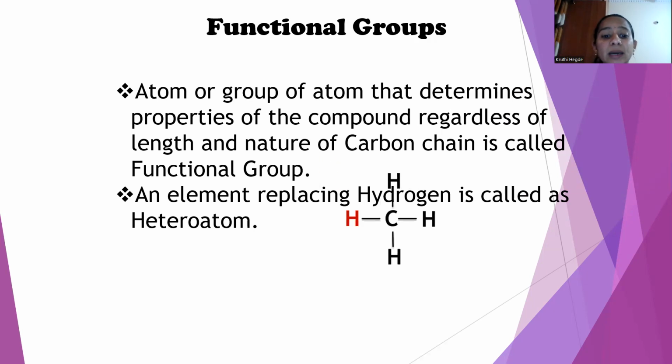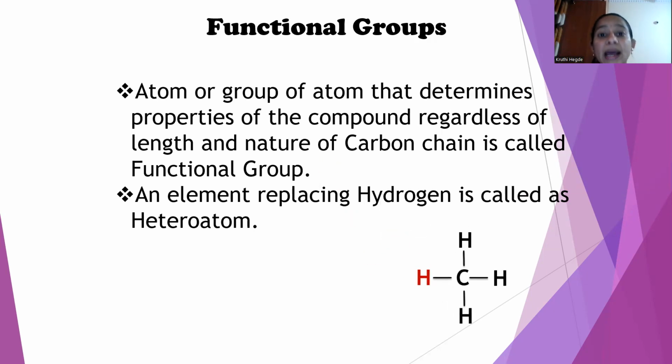Let us see here, methane is there, right? In the methane, one hydrogen I have put in red color, indicating that that particular hydrogen will be replaced by another atom. You can see here in this methane, that particular hydrogen is removed. As that hydrogen goes down, that place will be taken by chlorine.